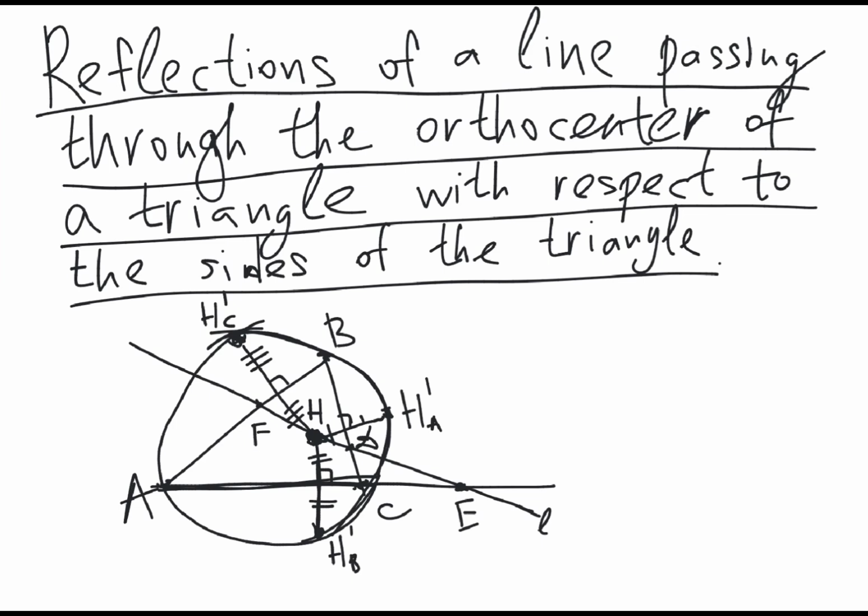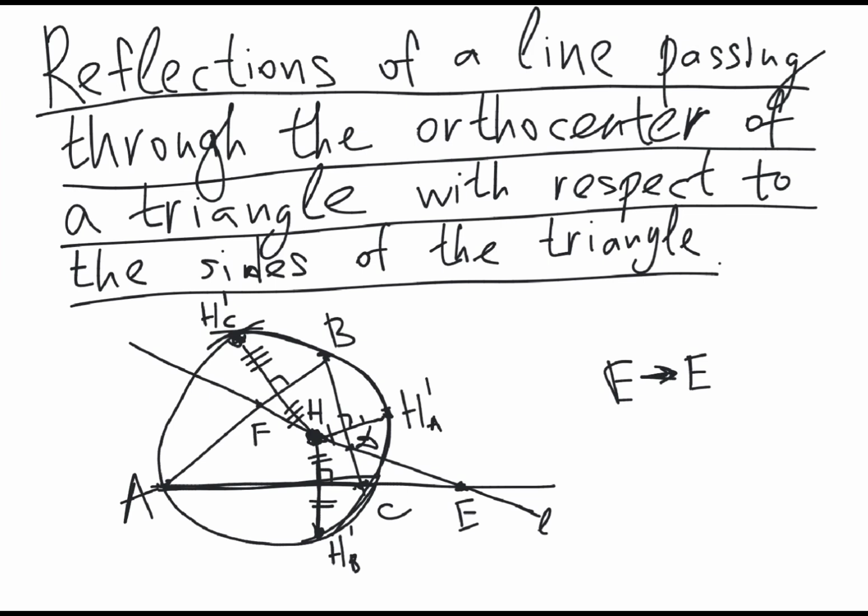When we reflect the line L with respect to AC, the point E stays in place. E is mapped to itself because it lies on the axis of symmetry, right? We reflect with respect to the line AC, and the point E is on the line AC itself.